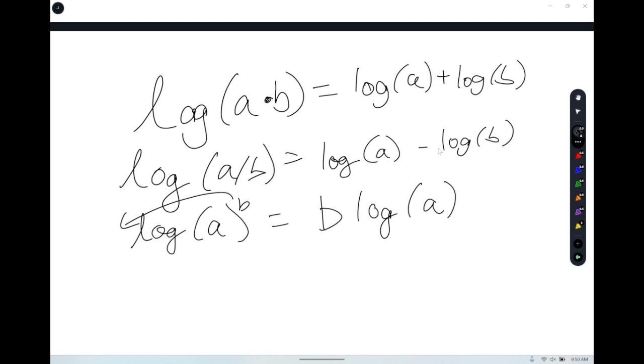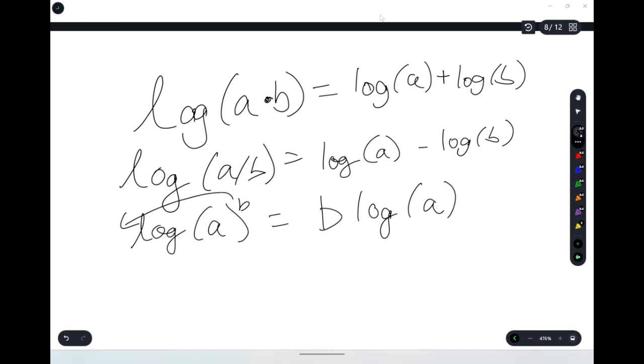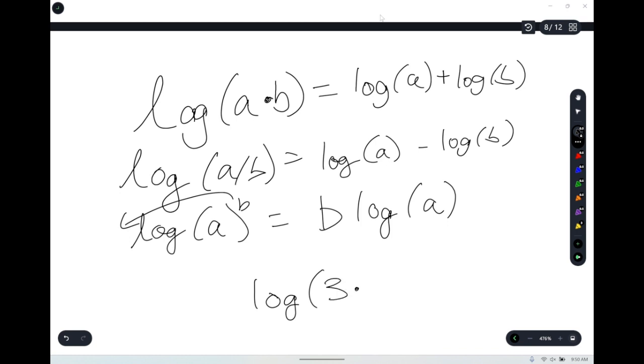If you see a plus inside the brackets, be careful. It's just there to trick you. I often want to split a plus in the brackets. You can't. Like log of 3 times x plus 2.